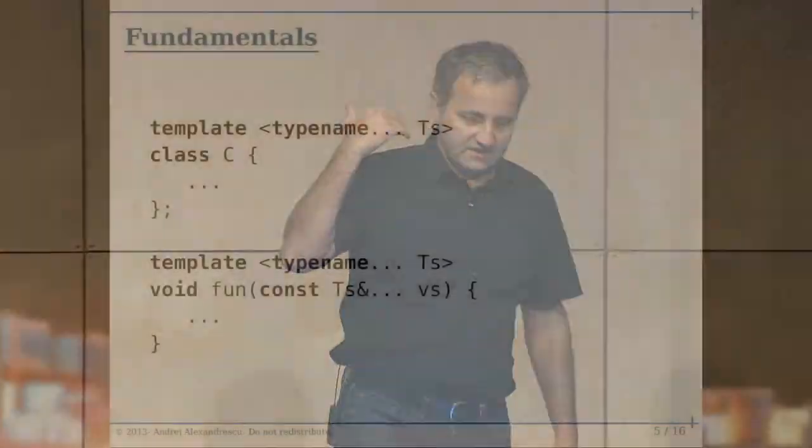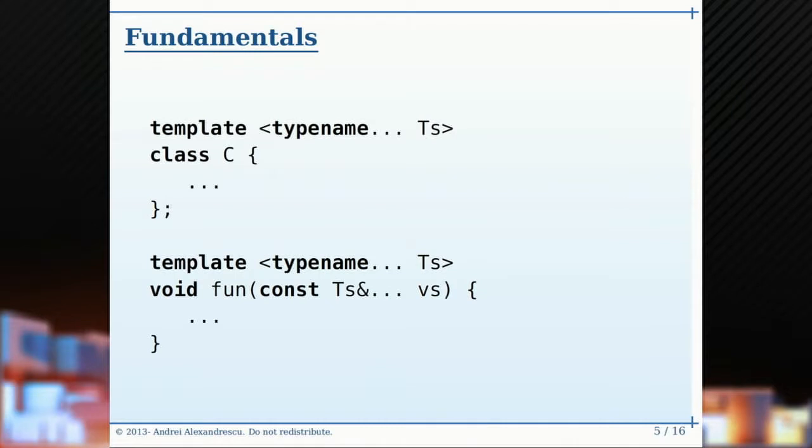There's a new thing in C++11, which is these Ts and Vs. One thing that people sometimes have difficulty coming to grips with is that the symbols Ts and Vs on the slide are not anything comparable to previous C++.